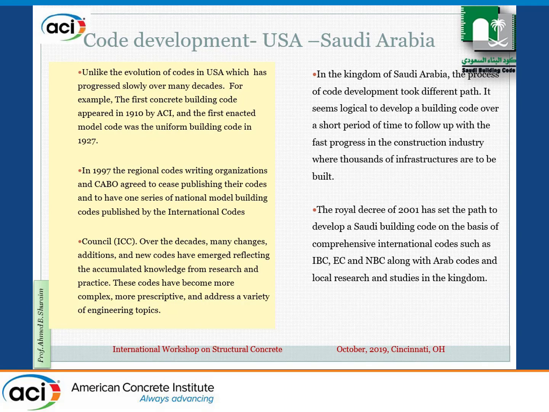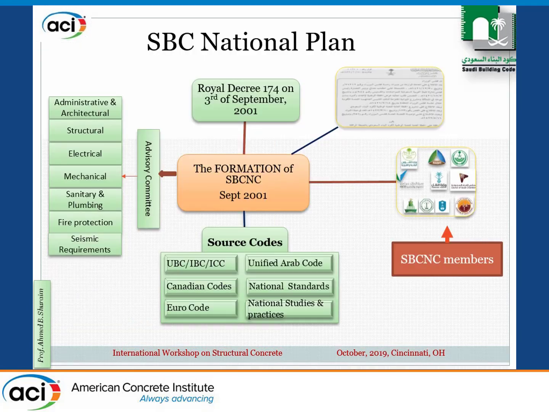That started in 2001, with the formation of SBCNC, the Saudi Building Code National Committee. It was formed in September 2001 by a royal decree, so the order to develop the codes is coming from the top. The decree didn't really specify the source code, what to do, what to look for.